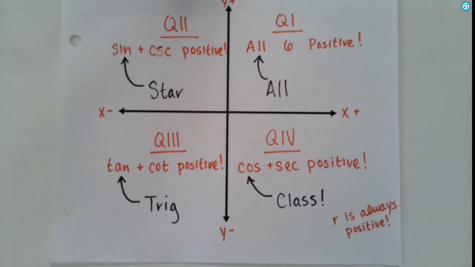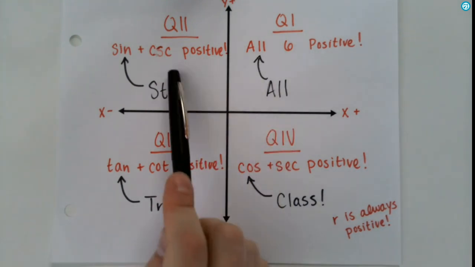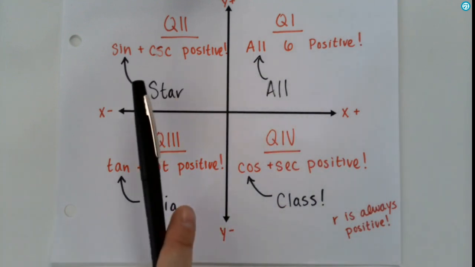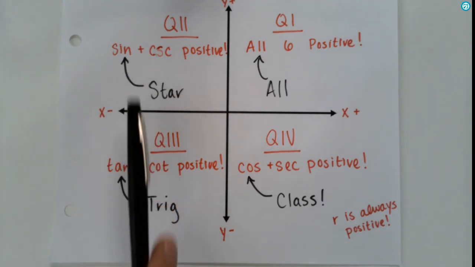A real all-star trig class, let me tell you. Oh, I read it as star all trig class. Oh no, it goes in the order of the quadrants. Yeah, so you have to go around in the order of the quadrants. 1, 2, 3, 4. All-star trig class. So that is how you remember that it's all of them, sine, tangent, and cosine.